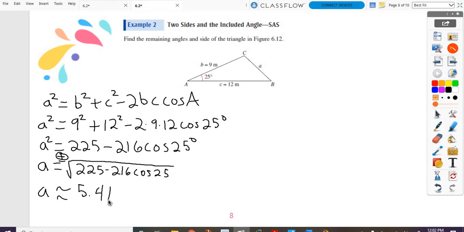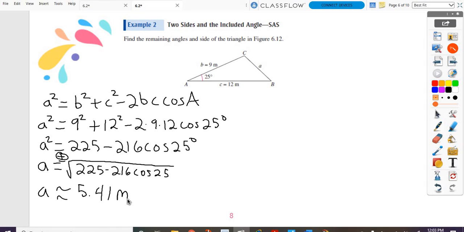5.41, and then what's our unit? Meters. Okay. Are we all able to get that? Now, from here, notice that we have two options, right? We have enough information now that we could use law of sines because we have small a and we have angle A. The problem being that we rounded to find little a, okay?